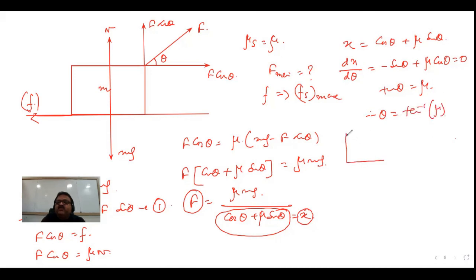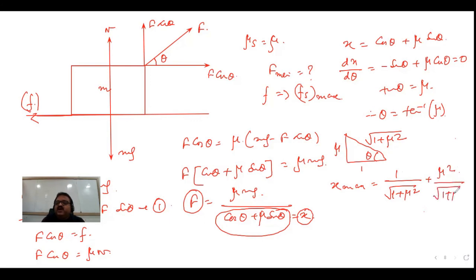Now, if I draw a triangle related to this, if I take this as theta and tan theta is equal to mu, which is equal to height by base, so this is mu, this is 1, and the hypotenuse is equal to root over of 1 plus mu square. So what is the value of x max? Cos theta is equal to base by hypotenuse, plus mu sin theta, and sin theta is equal to height by hypotenuse, so this would be mu over root of 1 plus mu square.